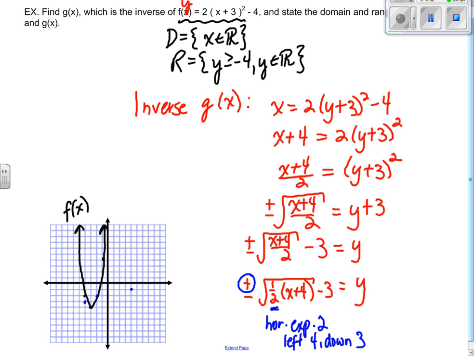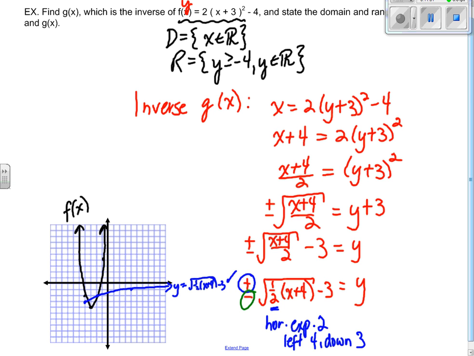There. That is my upper functional arm. Y equals positive square root of a half x plus 4, down 3. There we are. My lower functional arm will do everything the same except that there is a vertical reflection, upside down.